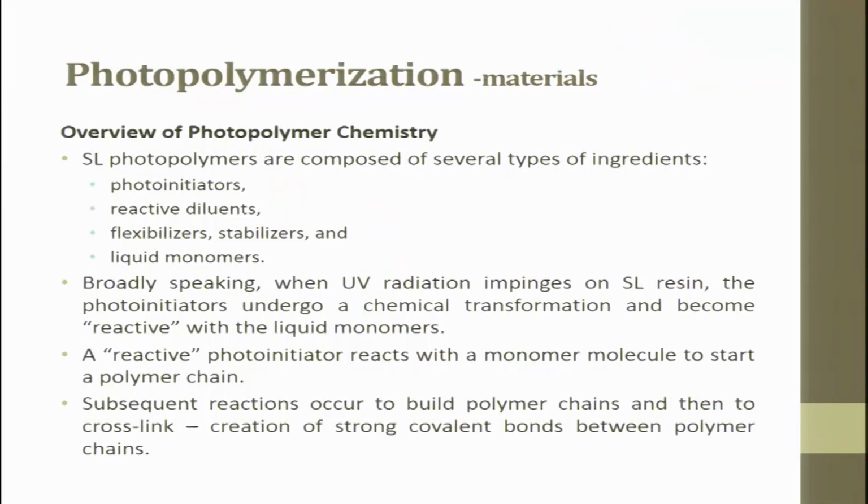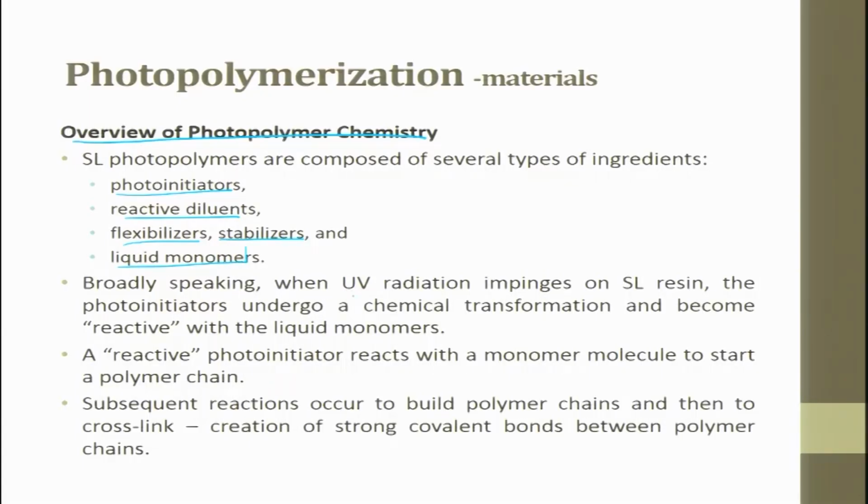The overview of photopolymer chemistry: the SL stereolithography photopolymers are composed of several types of ingredients: photoinitiator, reactive diluent, flexibilizer, stabilizer, liquid monomer.